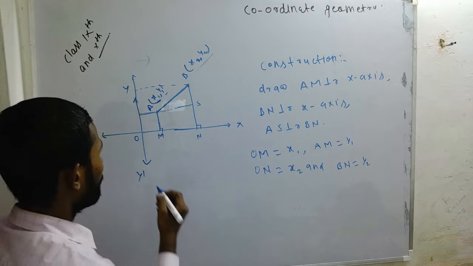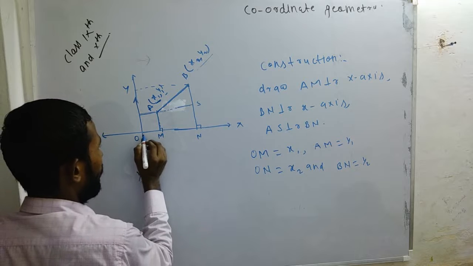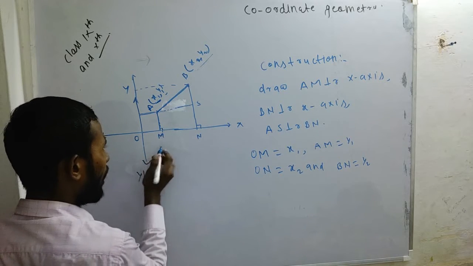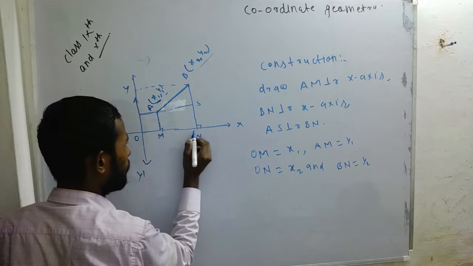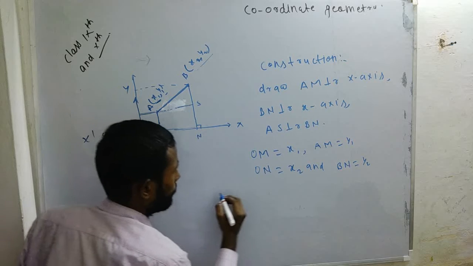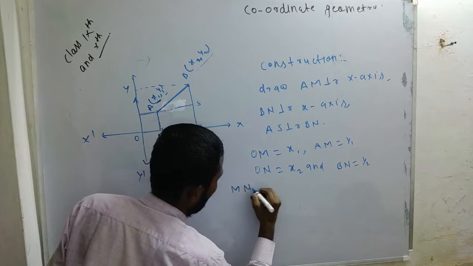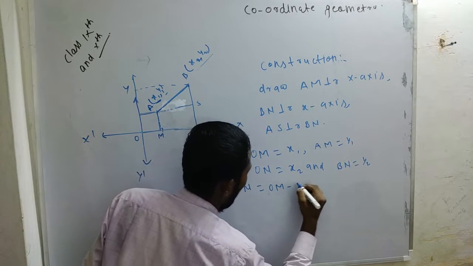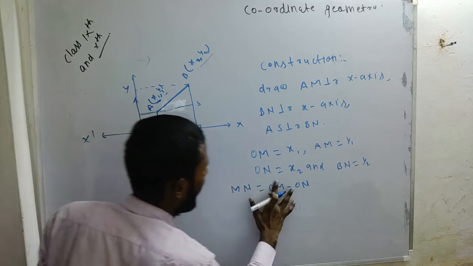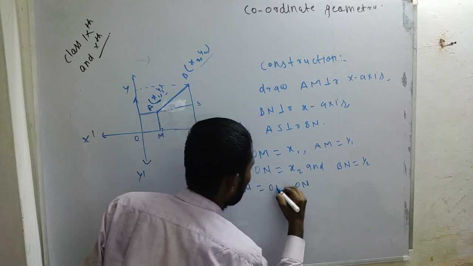Now, MN can be determined using ON and OM, because here we observe that MN is equal to ON minus OM.